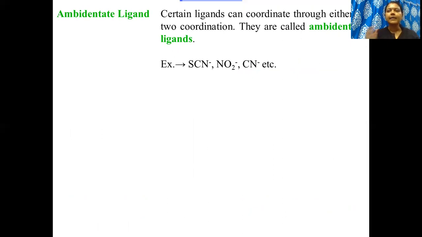That means the ligand has two donor atoms, but they can act as a donor site either one by one, not two simultaneously. Examples are SCN minus, NO2 minus, CN minus, etc. We will elaborately know about them as follows.